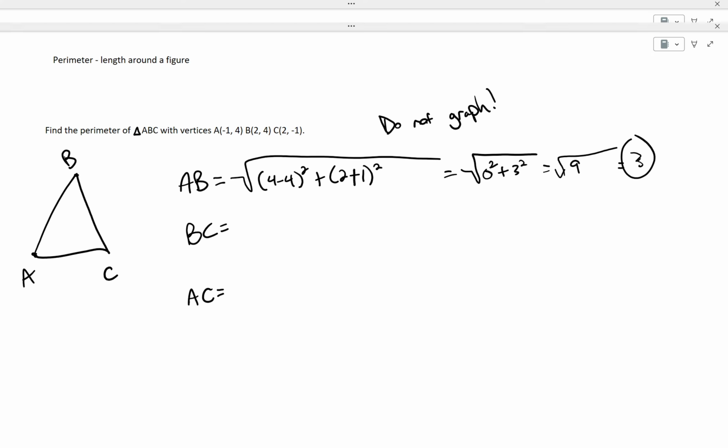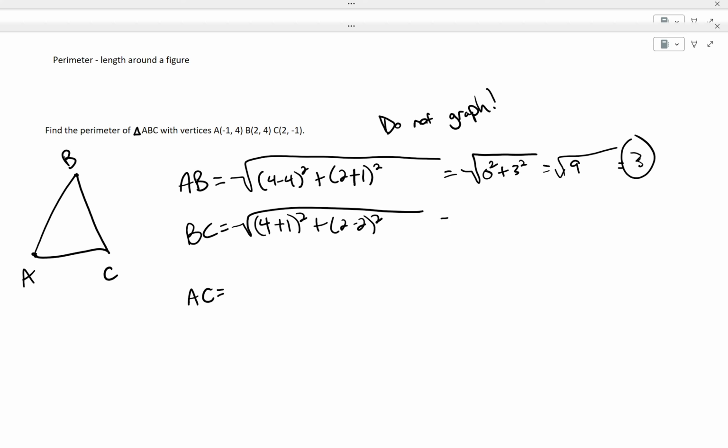Cool. BC, big square root sign. Let's do my distance formula. Oops, guys, I'm sorry. You know, the whole notion of fat fingering something. My wrist is laying down on the keyboard and creating all those zeros. My apologies. BC, 4 minus 1 squared, plus 2 minus 2 squared. And some of you guys are like, well, hold on. The first time you took the second and then you did the first, it doesn't really matter.